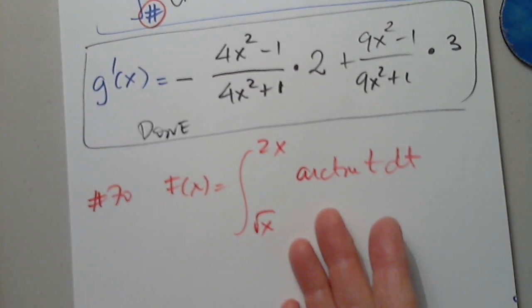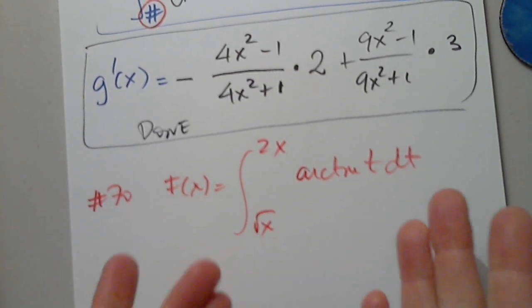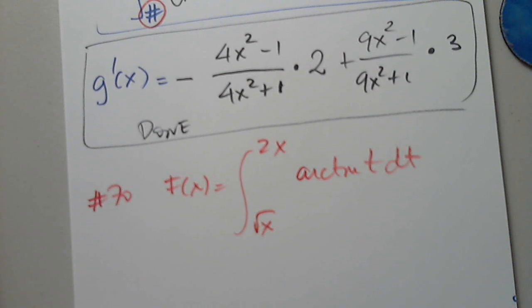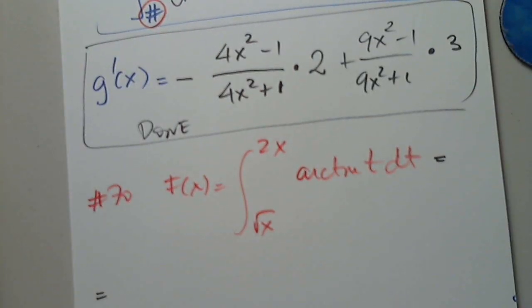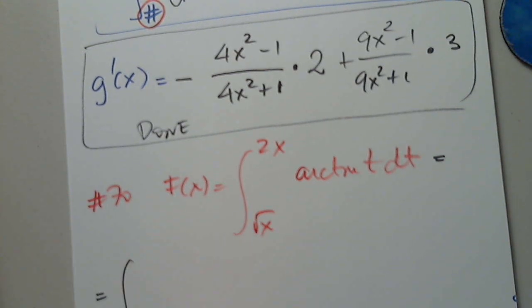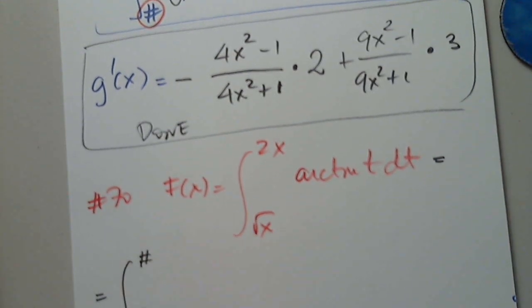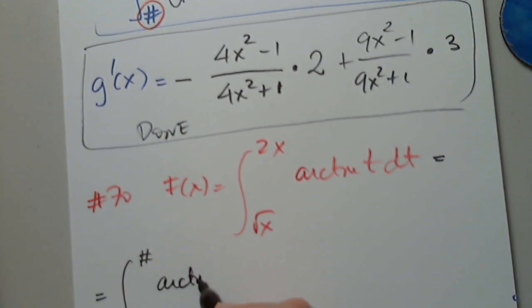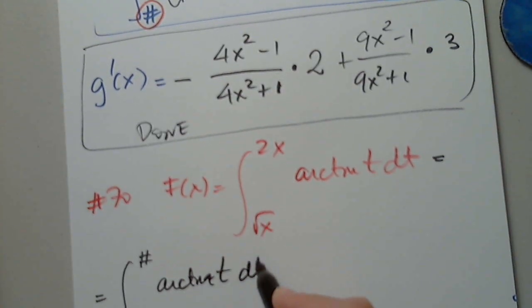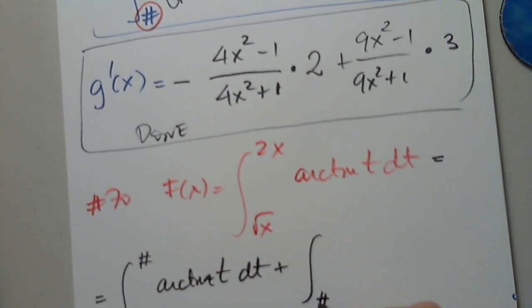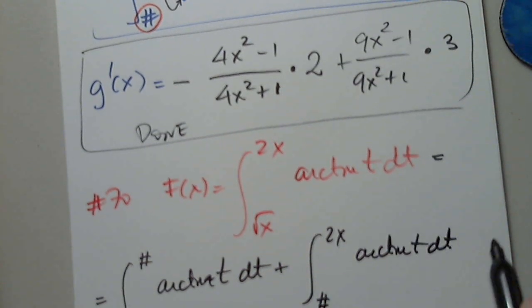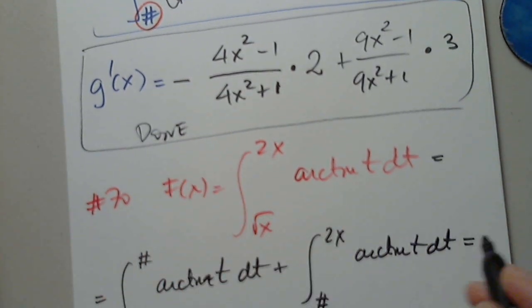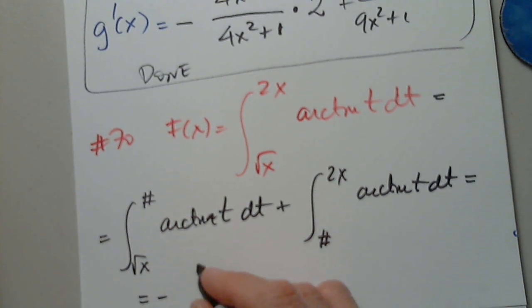The same situation. I have to work on this before I differentiate it. And since we already know the mechanism, we will have the integral from the square root of x to whatever you want to put in there, arctangent t dt, plus whatever to 2x. And I have to flip this one, and then I'm ready to differentiate.